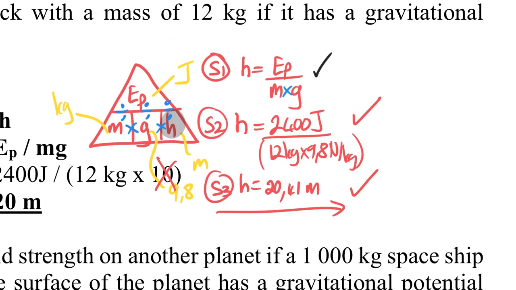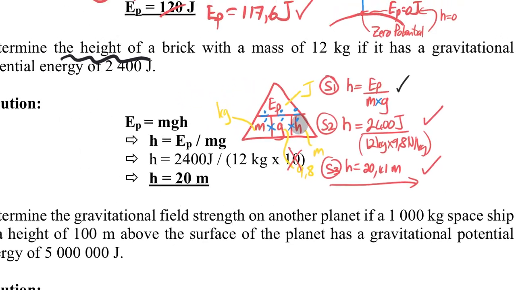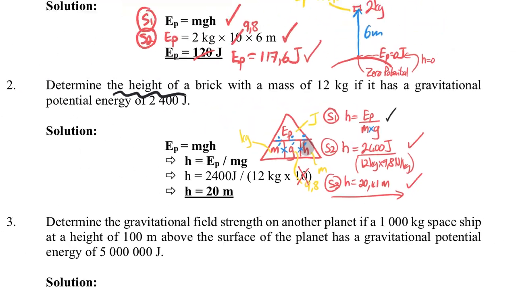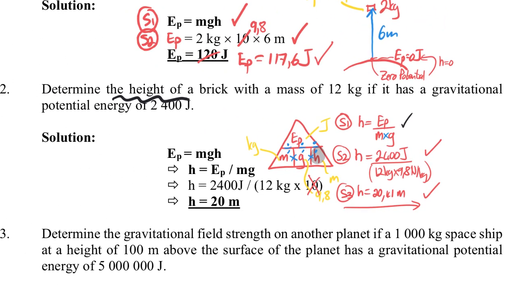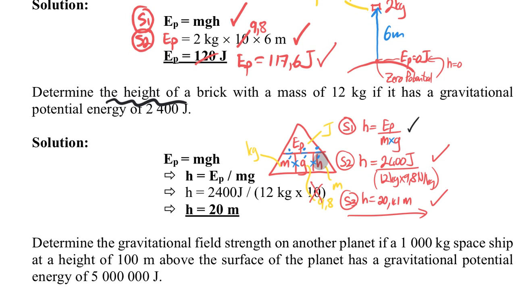So let's now move on to another problem. So here we have now: determine the gravitational field strength of another planet if a 1,000 kilogram spaceship at a height of 100 meters above the surface of the planet has a gravitational potential energy of 5 million joules.